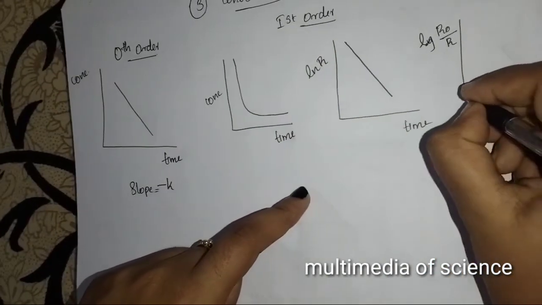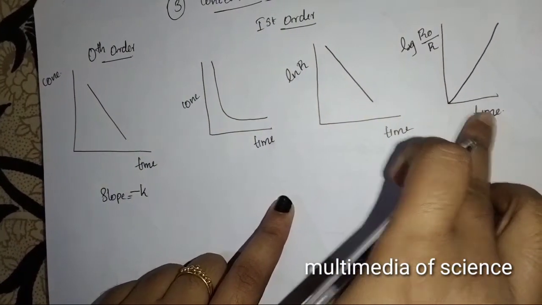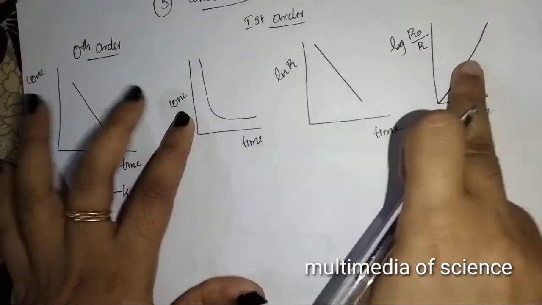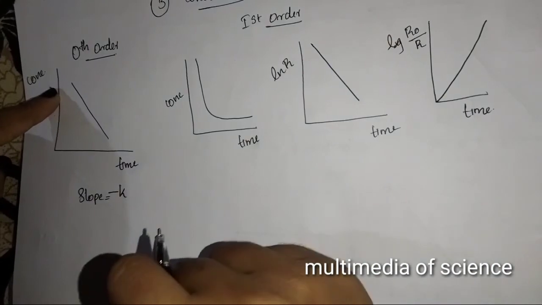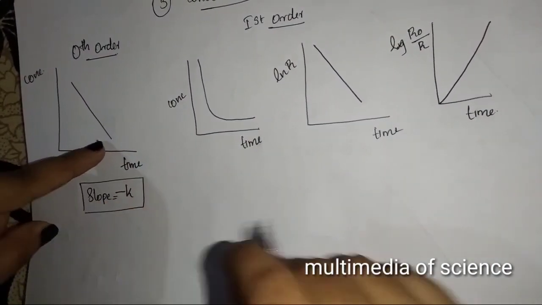Then the graph has a positive slope. Clear? These three graphs have the same x-axis, time, but the y-axis is different. And this is the graph for the zeroth order with a negative slope. So the slope is equal to minus k.